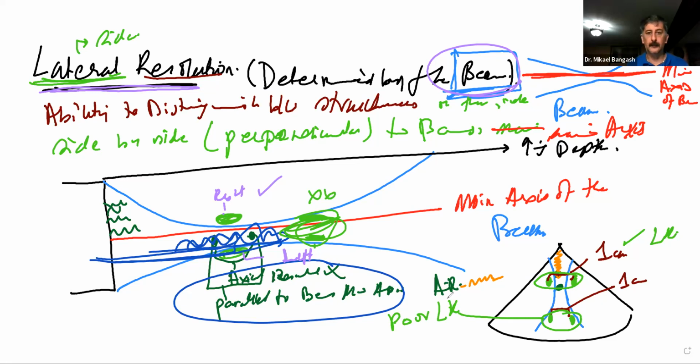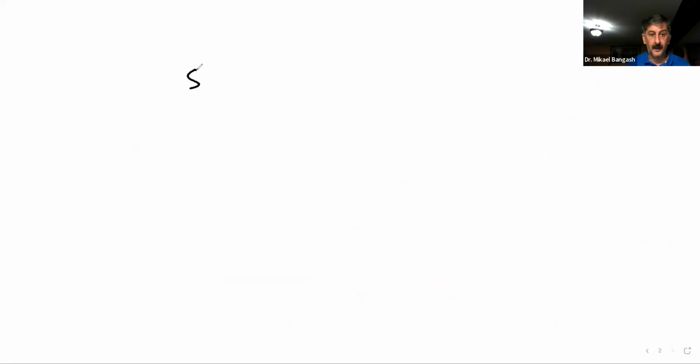But just like your axial resolution, what we said is that axial resolution had a numerical value. What was the numerical value for axial resolution? The spatial pulse length divided by 2.